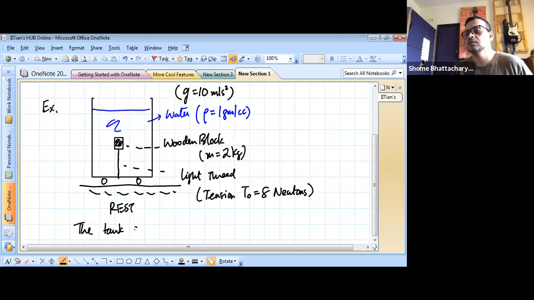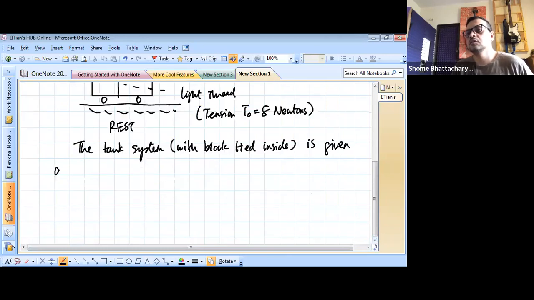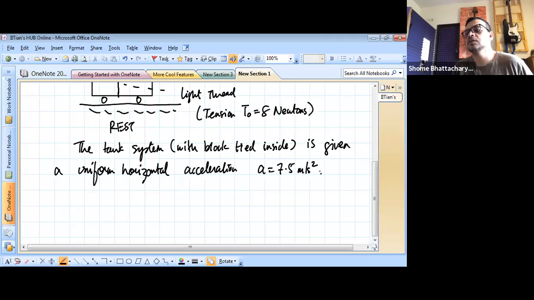Tank system with the block tied inside it is given a uniform horizontal acceleration of a equal to 7.5 meters per second square.